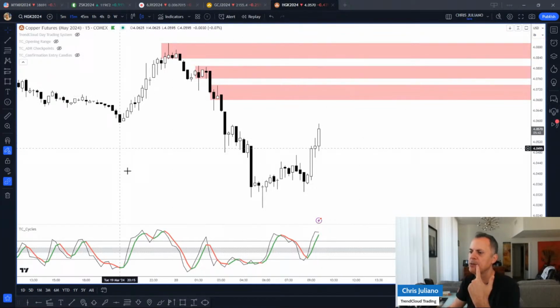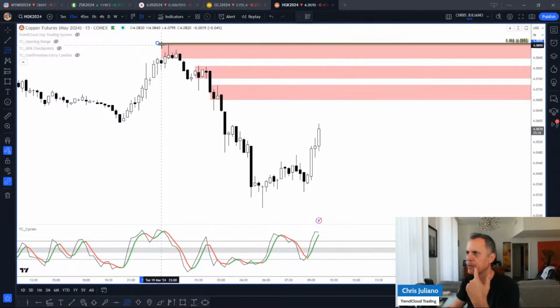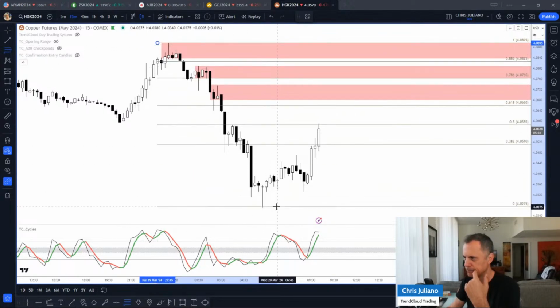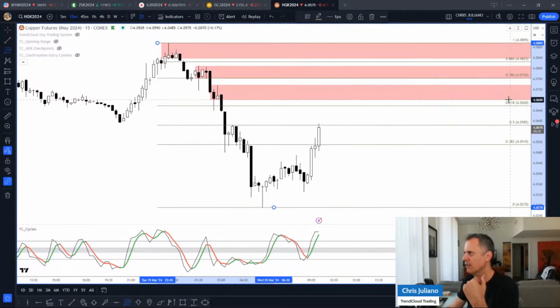Okay, maybe we can get some Fibonacci lines. Grab your Fibonacci retracement, swing high to swing low. And you can see we've got the 618 retracement level. That's very close to this supply zone.